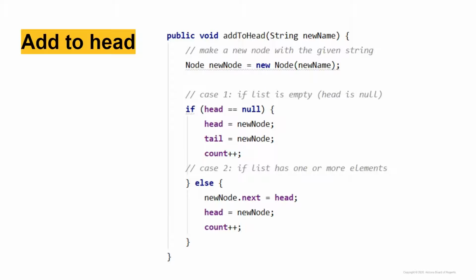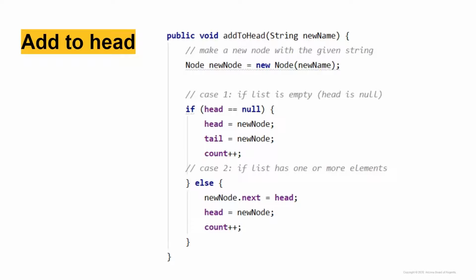And we're getting in a parameter called new name. So we're going to start that node with whatever parameter we are passed in to the add to head method. So case one: if head is equal to null, head equals new node, tail equals new node, and then we increase the count.